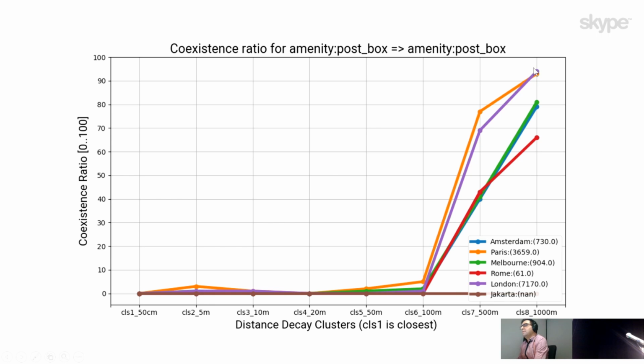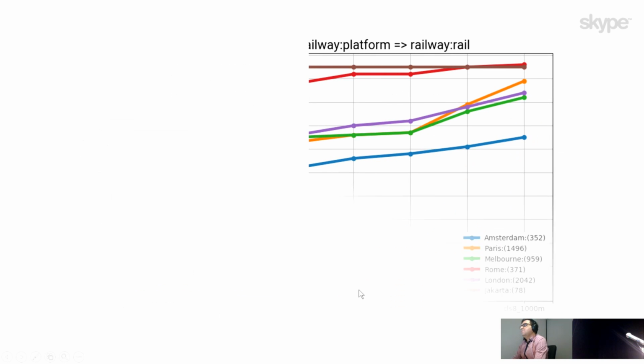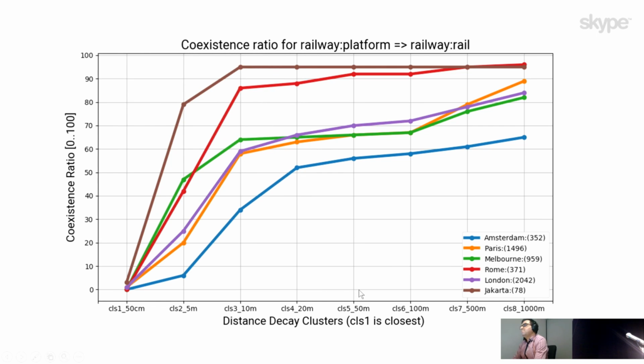For example, 90% is the support rate for this rule in 1,000-meter distance for the cities of Paris and London, as you see on these lines. Another interesting one is a railway platform and railway rail. As you see, all of them within 50 centimeters are around zero, but they're all growing up to very large numbers in longer range distances.